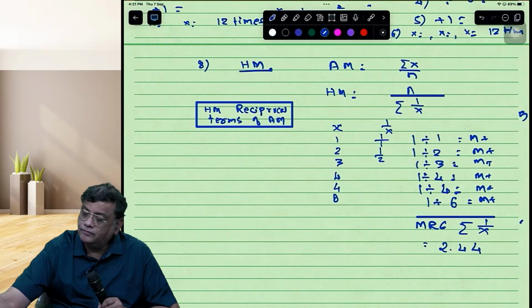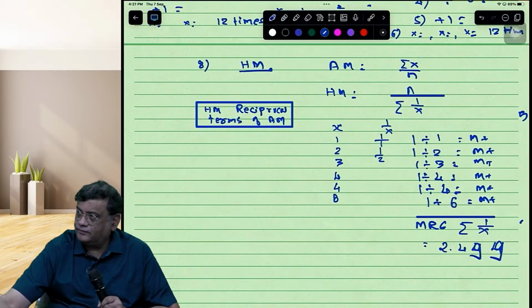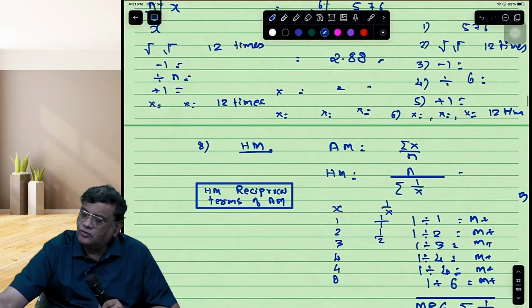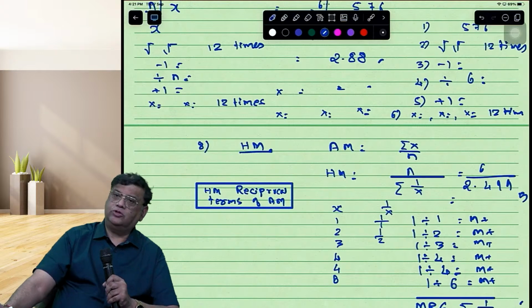2.44. एक दूसरा डिजिट ज्यादा लिखो तो करेक्ट आंसर 2.44, 4 9 9 वगैरह, and therefore this is going to be 6 upon, it will be 2.499 etc. That will be the harmonic mean that you are getting.